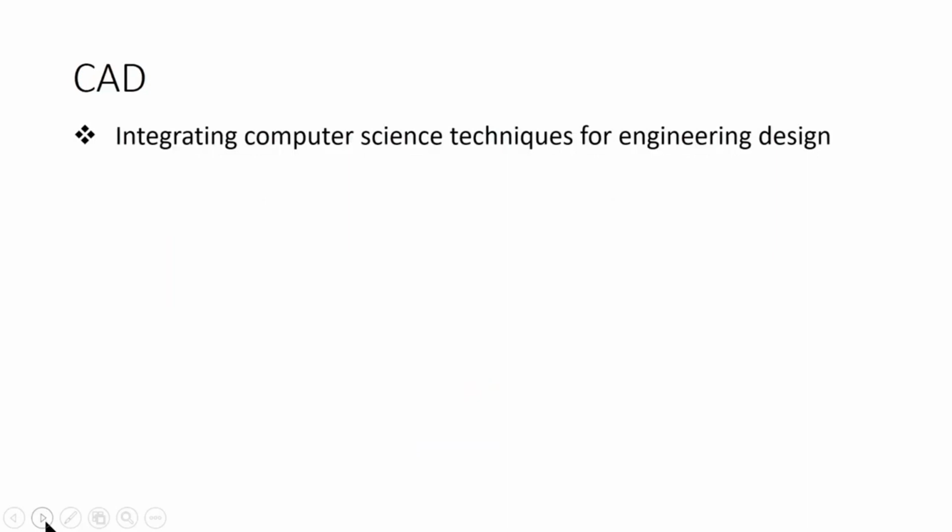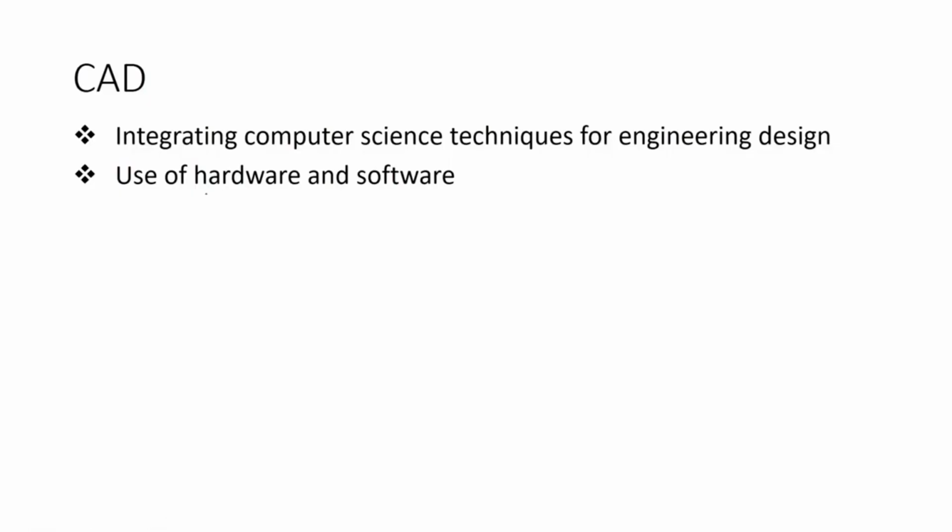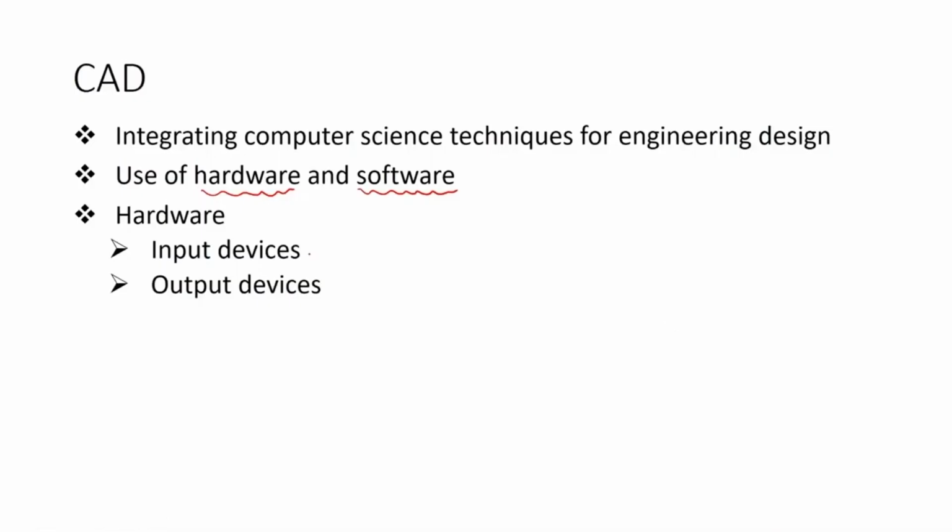So, CAD can be defined as the integration of computer science techniques for engineering design. The CAD systems require certain hardware and specialized software. What are the hardware elements required to have the CAD system? We require input devices and output devices.